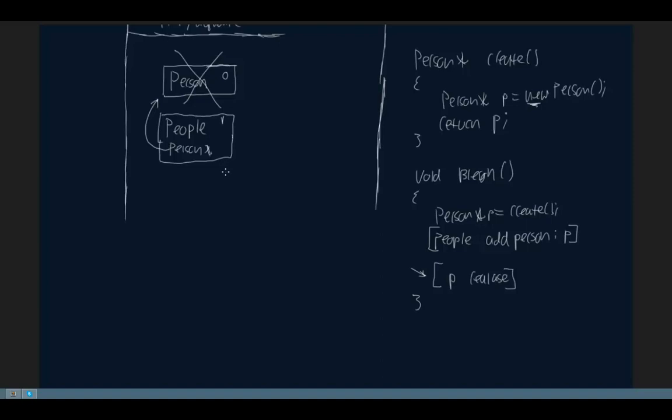We still have an object called people, and it still has a pointer to a person. Yep, that pointer has nowhere to point. Does anybody remember the terminology for this? There's a specific programming term that I love saying. If anybody was in my C++ class, I know I said it quite a few times. It makes me giggle every time I say it.